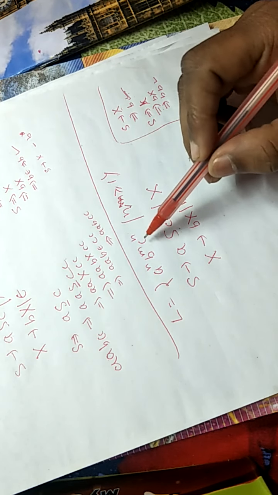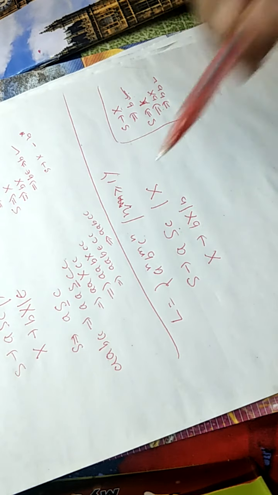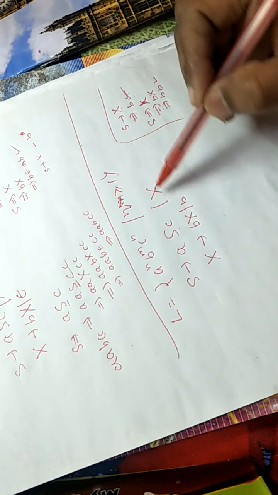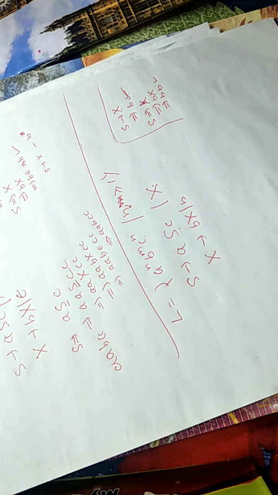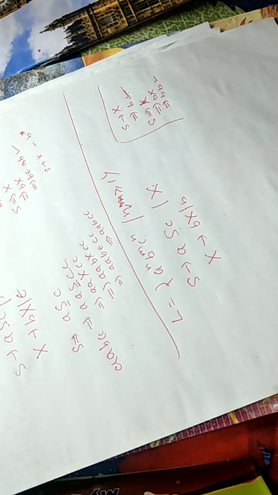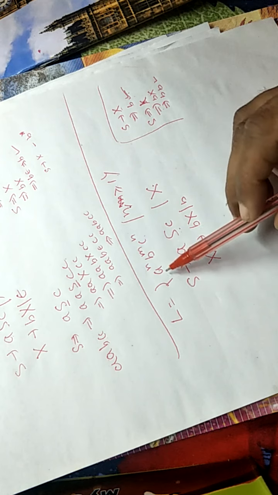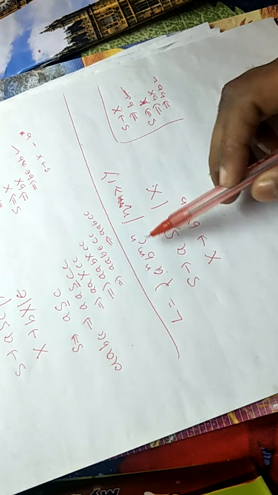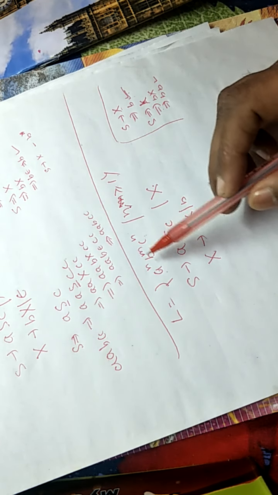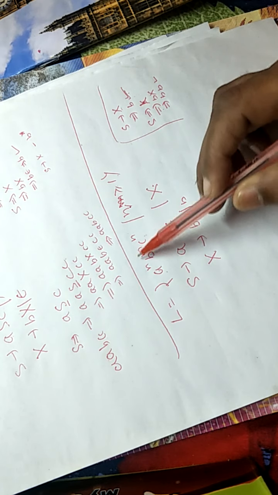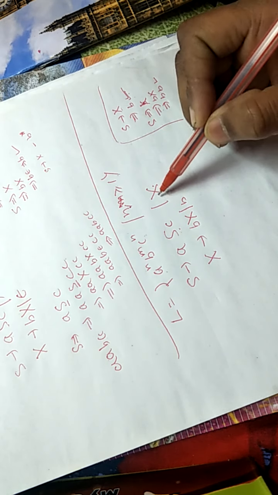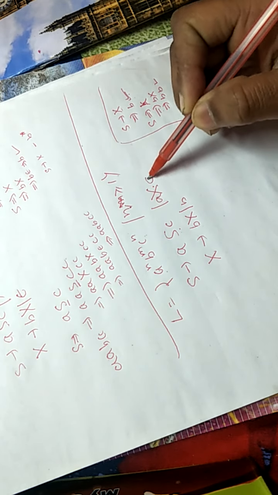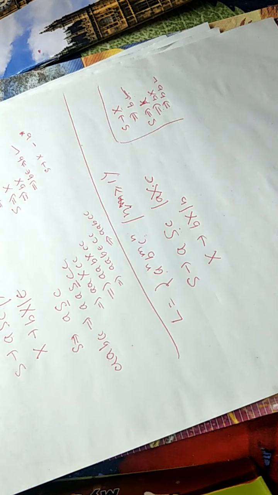There must be one a and one c around the b's. So S → X cannot be used directly. We have to make sure there is one a here and one c here when we derive strings of b. So we have to put one a and one c here, then this grammar is correct and complete.